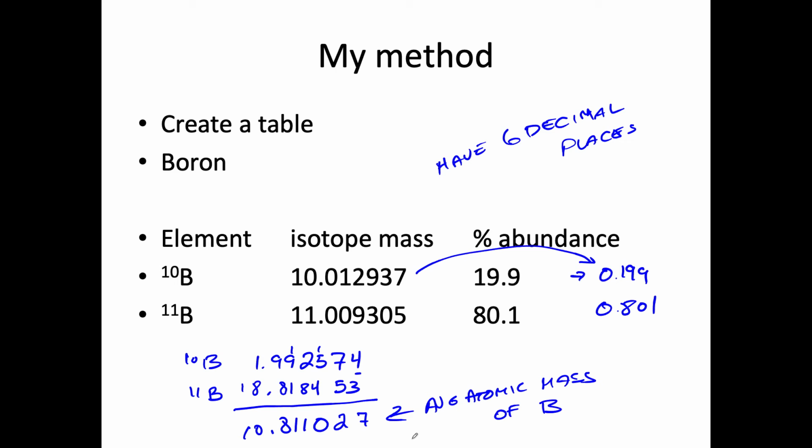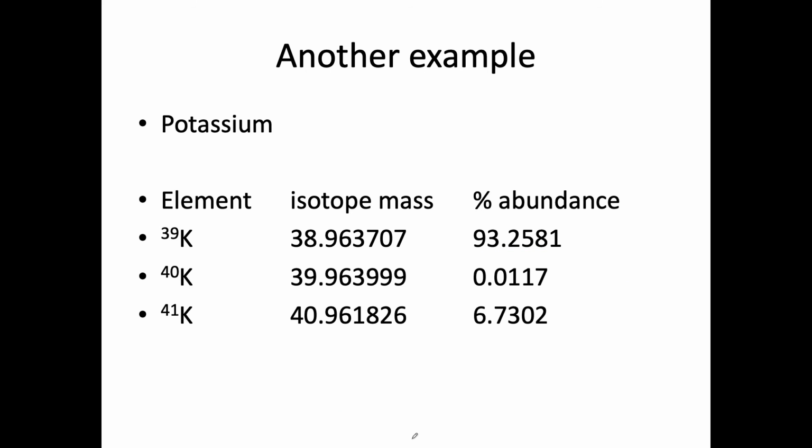All right. Now, in this case, we're looking at potassium. It has three isotopes. One has 93.3% abundance. This is the most stable one. Potassium 40 is radioactive and very small. And then here's potassium 41, a lot more than potassium 40, but not as much as potassium 39.